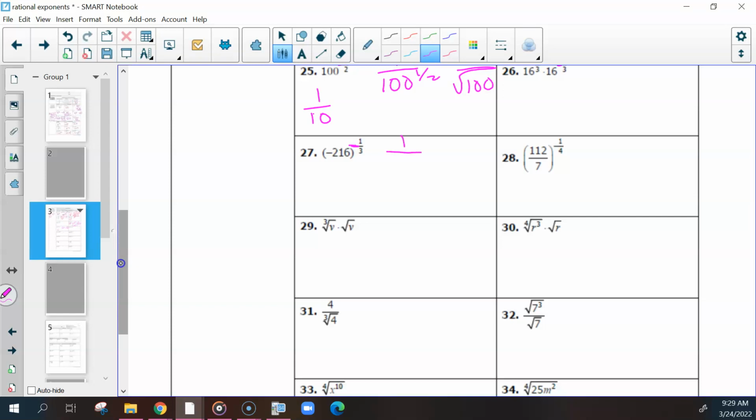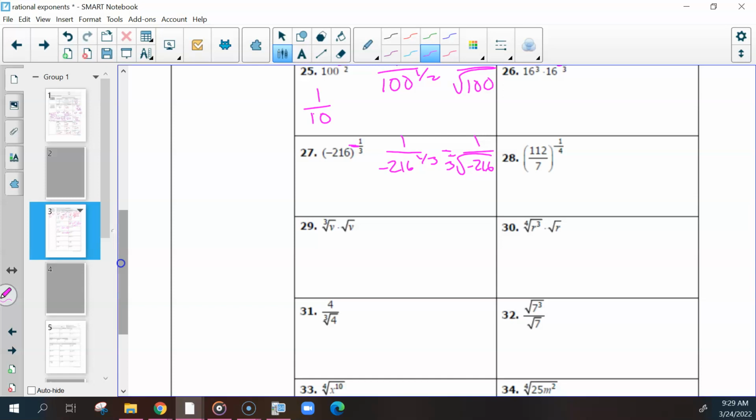If it's 216 to the negative 1/3, that would become 1 over the cube root of negative 216. The 1 over the cube root of negative 216.